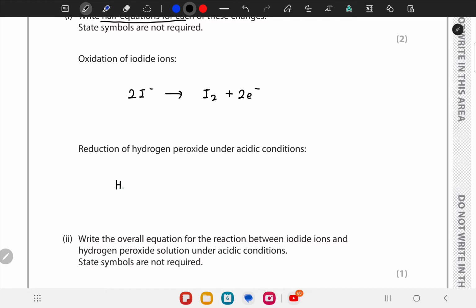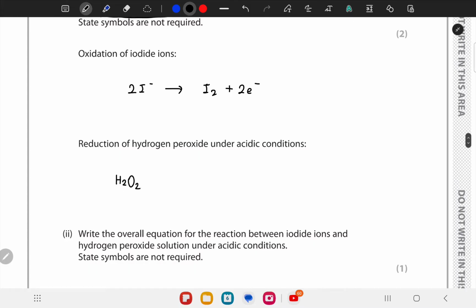water. So hydrogen peroxide on this side, water on this side. The oxygens don't balance out. We have 2 oxygens on the left and 1 on the right, so we can add a 2 over here.